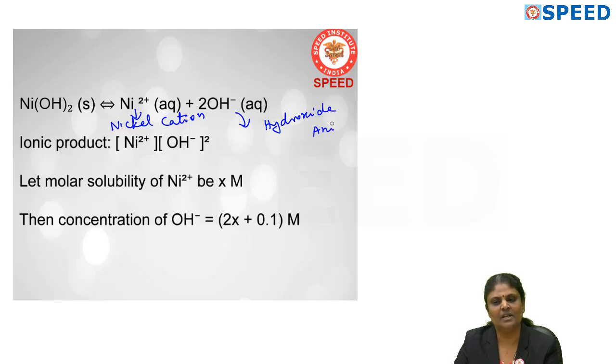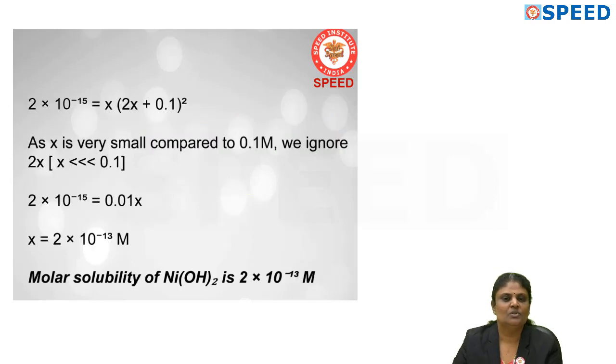So the ionic product is Ni2+ and OH minus squared. Let the molar solubility of Ni2+ be x M. So the concentration of OH minus is equal to 2x plus 0.1 M. Now 2 into 10 to the power of minus 15 is equal to x into (2x plus 0.1) the whole square. Here x is very small compared to 0.1 molarity.